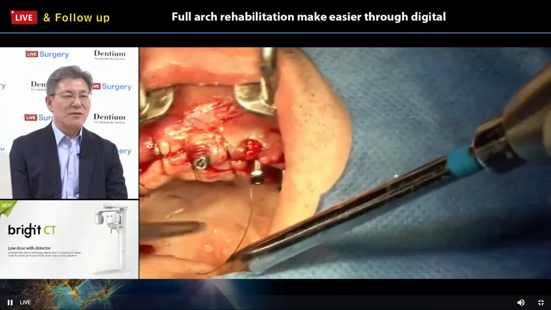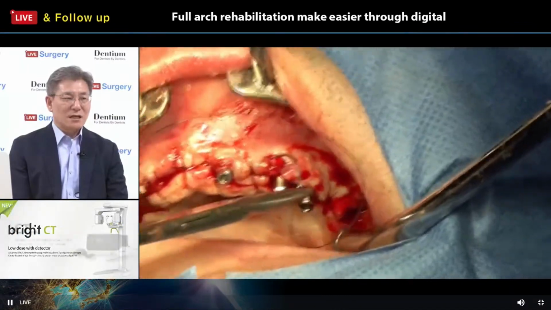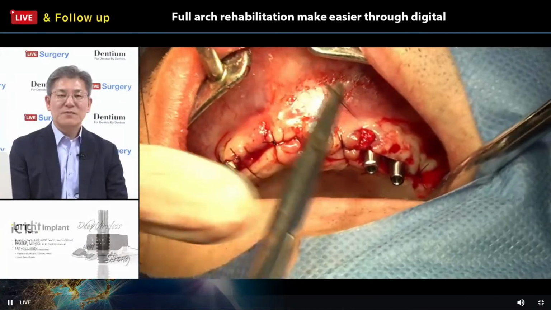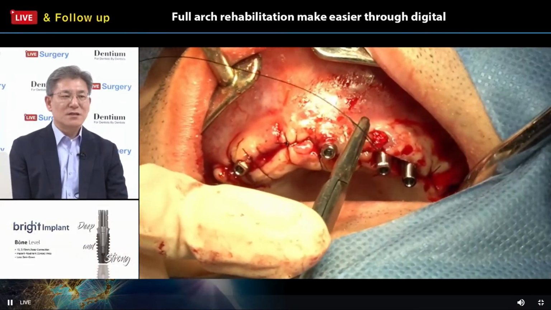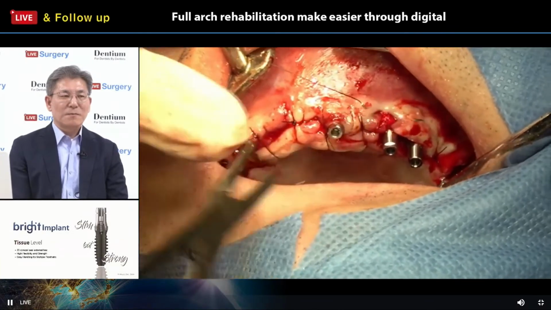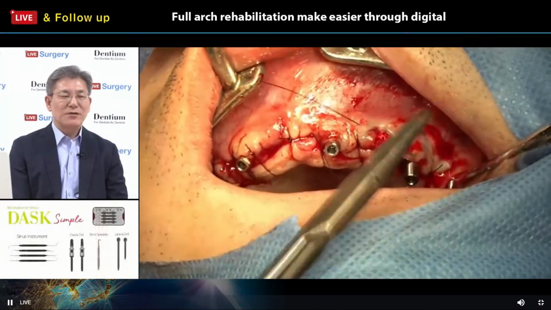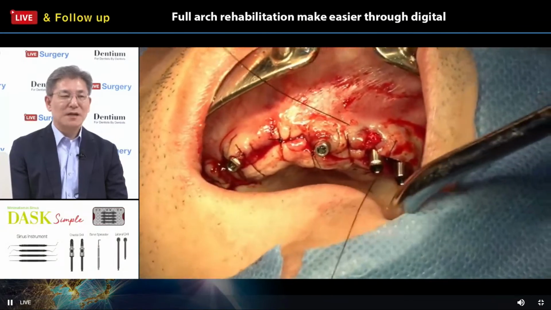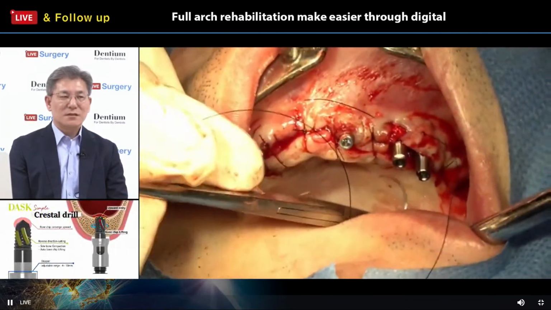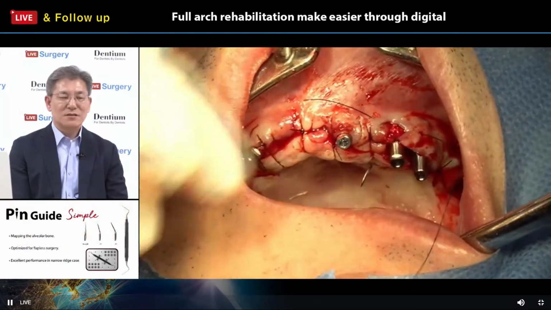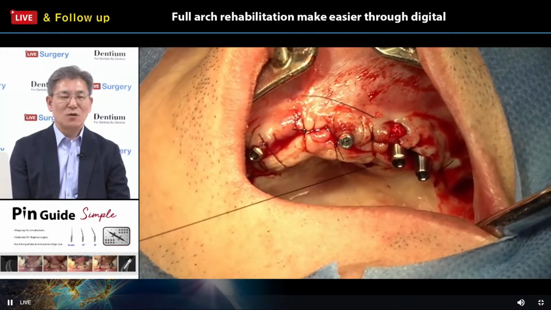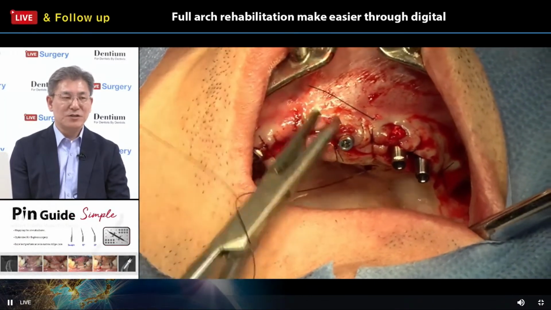And at the surgery time point, for simple implantation, the Bright tissue level is better because of the smaller diameter compared to the bone level implant, with a strong connection, strong enough with the bigger size of the bone level implant fixture.